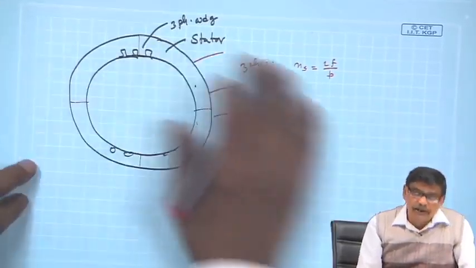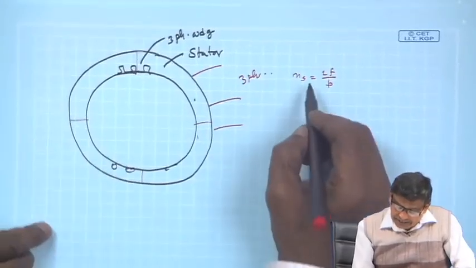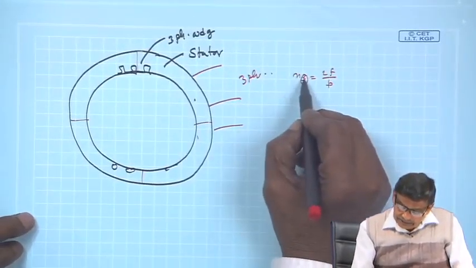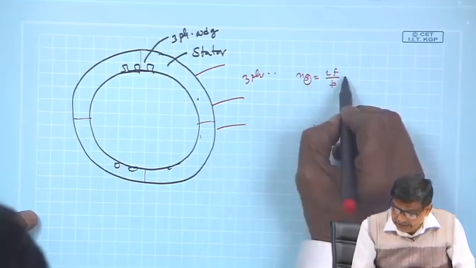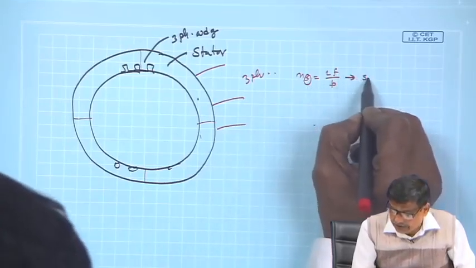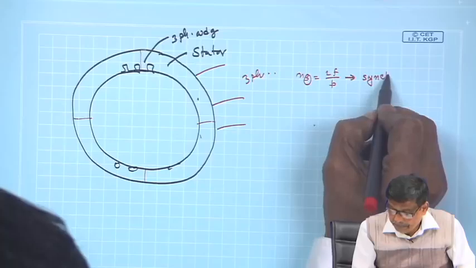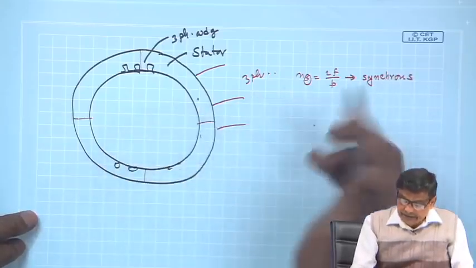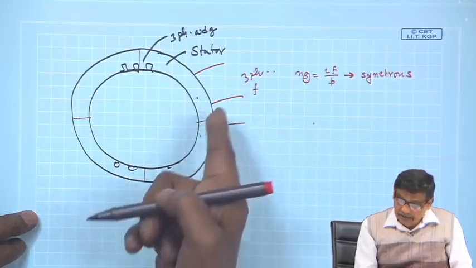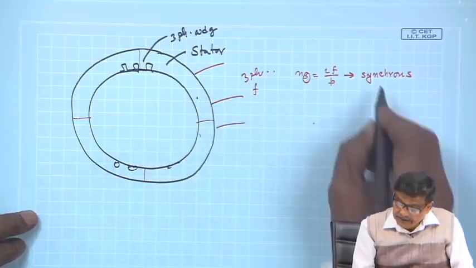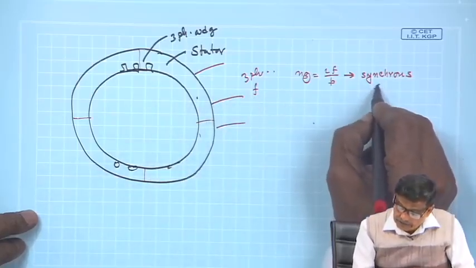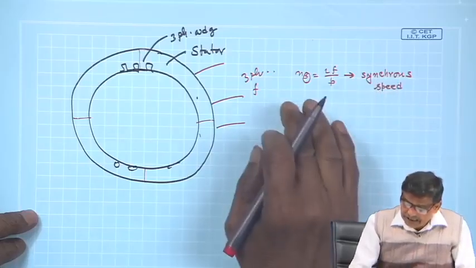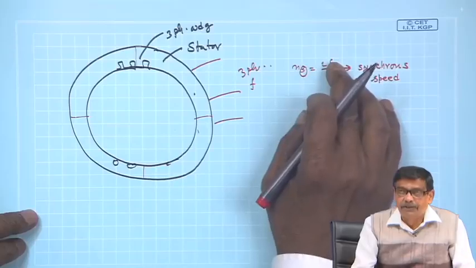Okay, it is moving, and why this term s, that also let me tell you. In language this is called the synchronous speed. Speed of the rotating field when it is connected to a 3 phase supply of frequency f is called synchronous speed, because it is in synchronism with the supply frequency.